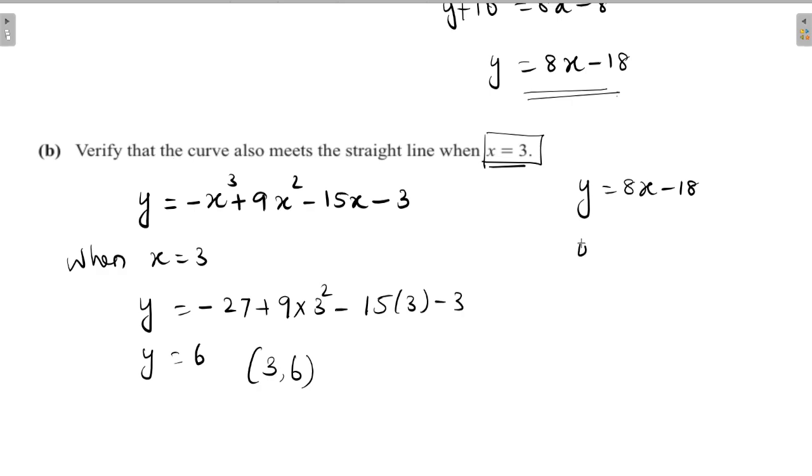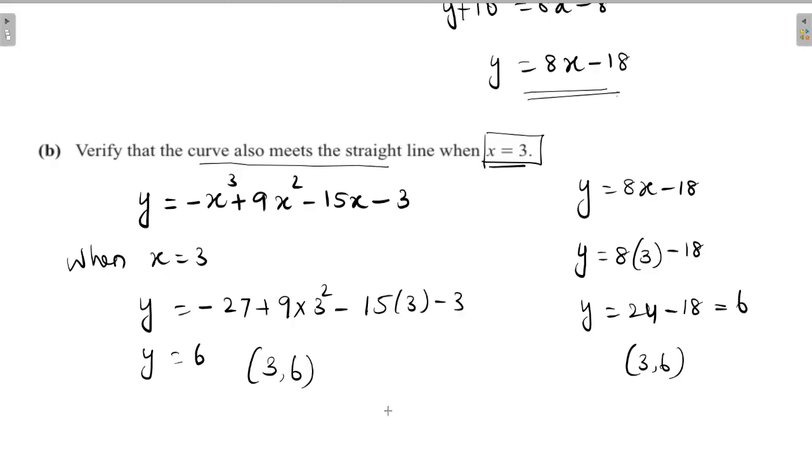So y = 8 times 3 − 18. 8 threes are 24, and 24 − 18 is definitely equal to 6. Here also we found the point (3, 6). So definitely the curve also meets the straight line. Hence verified.